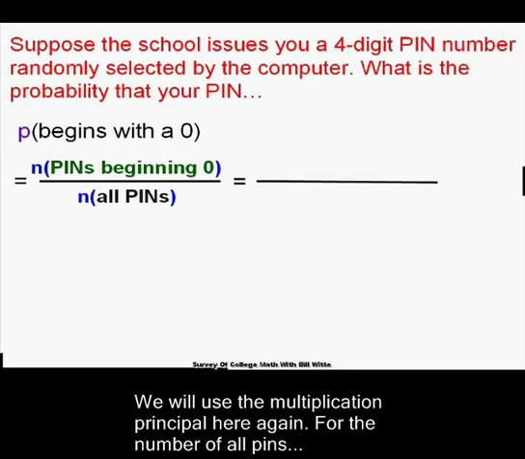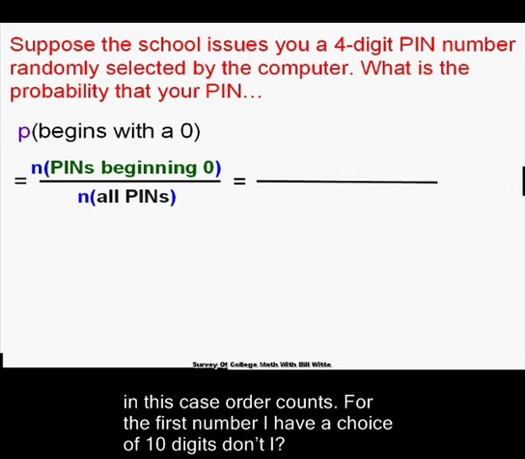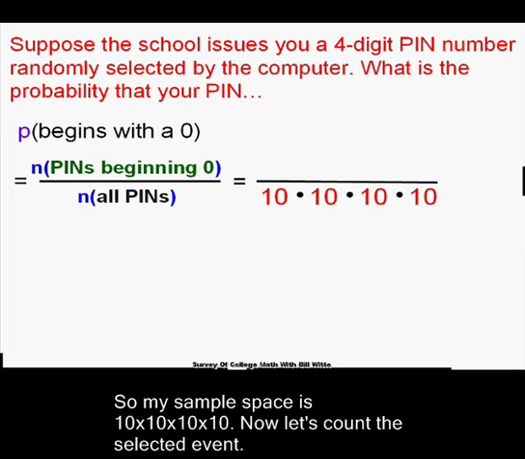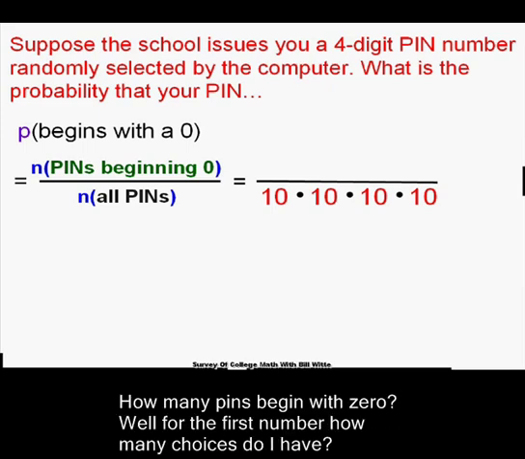For the number of all PINs, here's where order counts, so I'm just going to use the multiplication principle. For the first digit, I have a choice of 10 digits, don't I? And the second digit, I have a choice of 10 digits, and so on. So my sample space is 10 times 10 times 10 times 10. Now let's count the selected event.